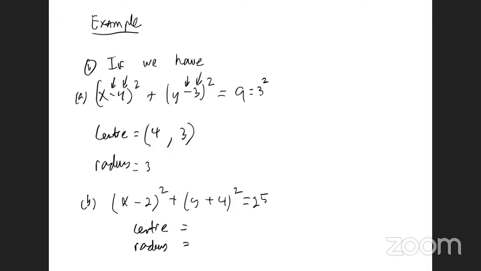Right? So the value next to the x is a minus, so we could take this x value as 2, but the problem with the y value is there's a plus sign here. So here's what you do, y minus negative 4 all squared, okay? So it means that the y value is minus 4, not plus 4. And then 25 is 5 squared, right?